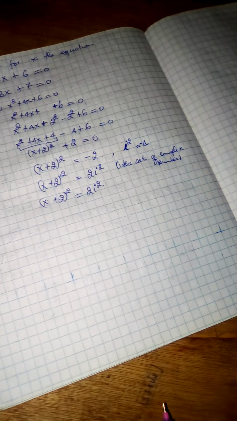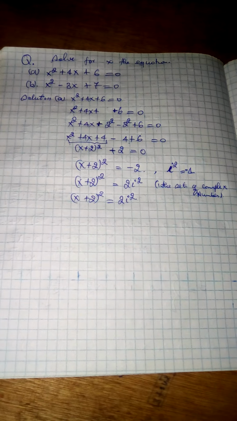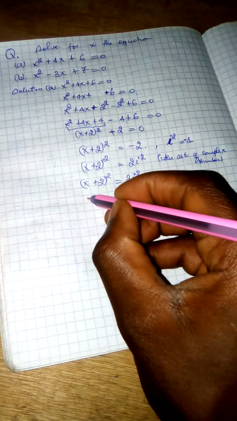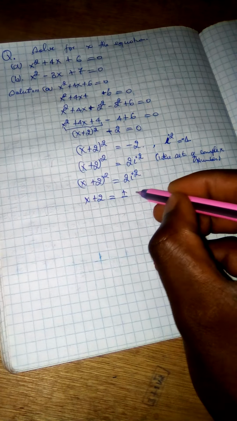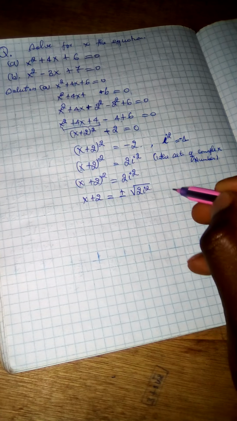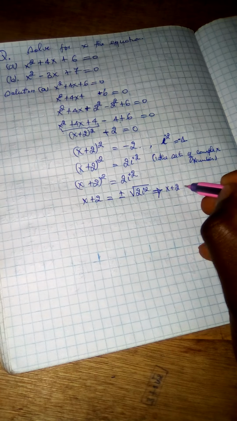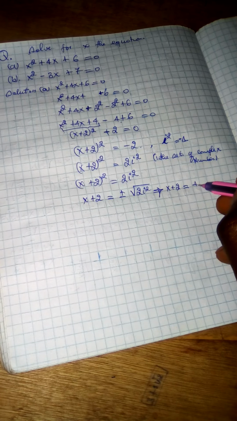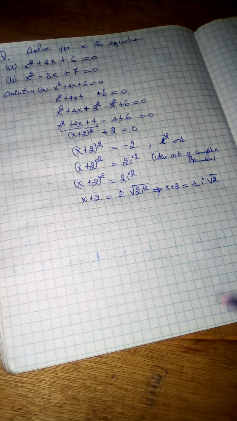i squared equals negative 1, right? So that means x plus 2 equals plus or negative the square root of 2i squared. And this means that x plus 2 equals plus or negative i square root of 2, right?